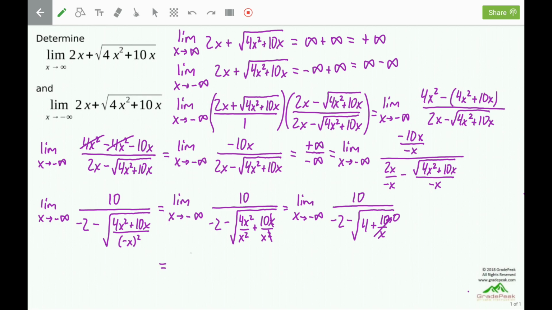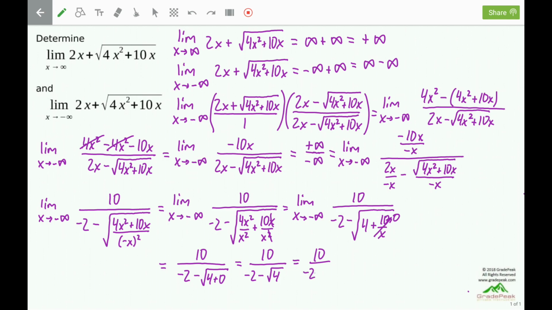The result is 10 divided by a negative 2 minus the square root of 4 plus 0, which is 10 divided by negative 2 minus the square root of 4 plus 0 is 4.